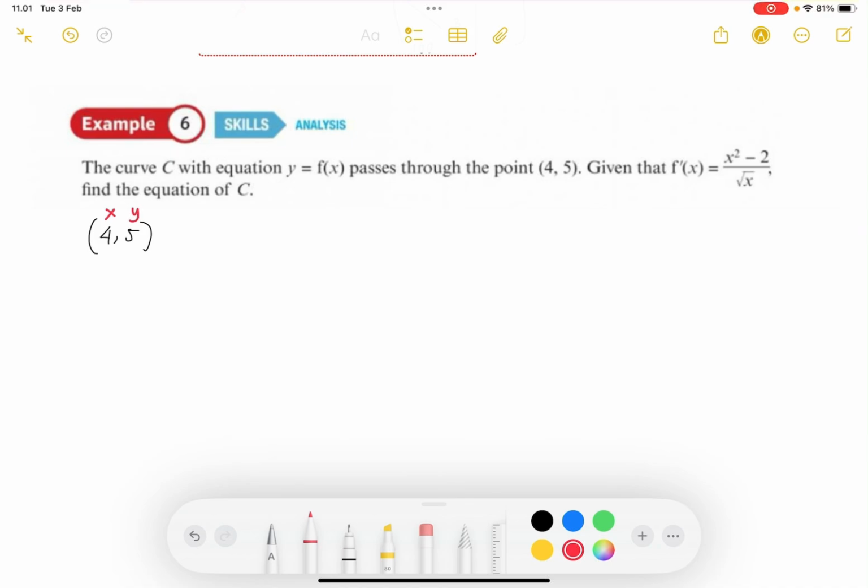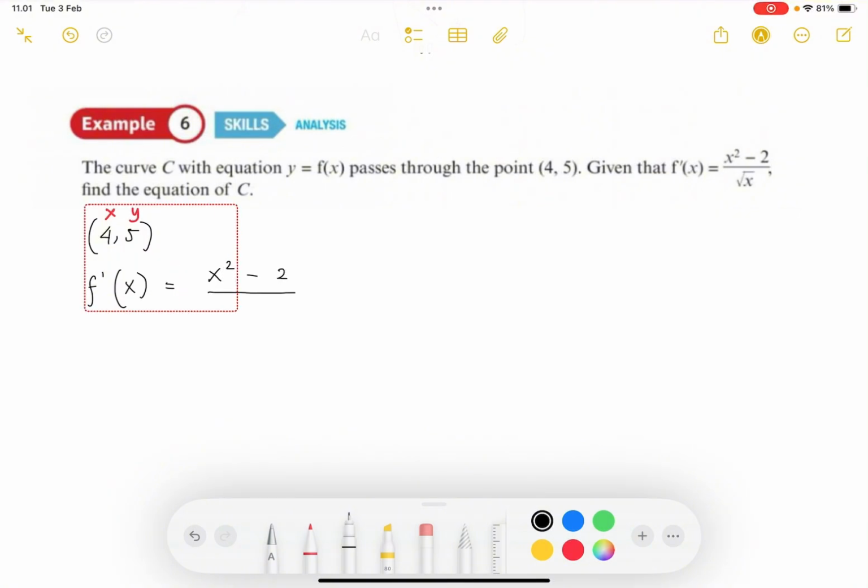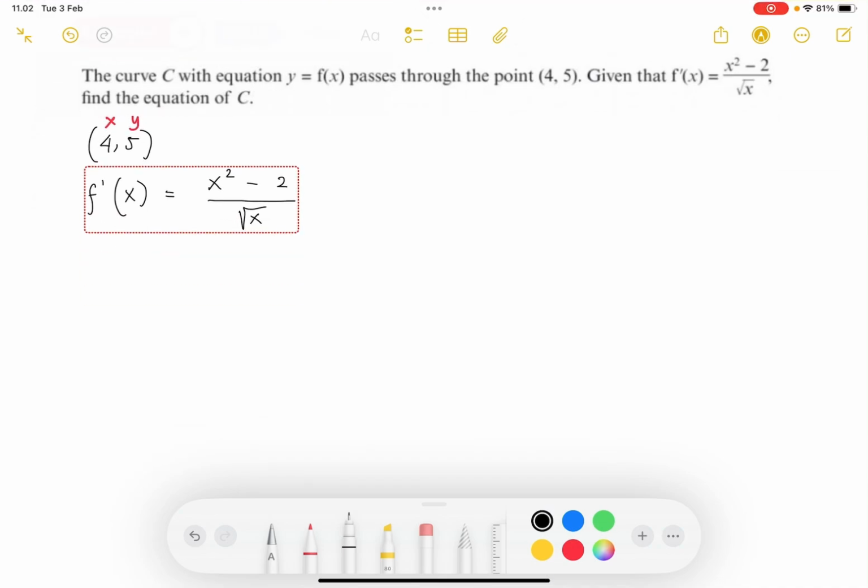Given that f prime x, okay, so this is our derivative function, f prime x equals x to the power of 2 minus 2 over square root of x.